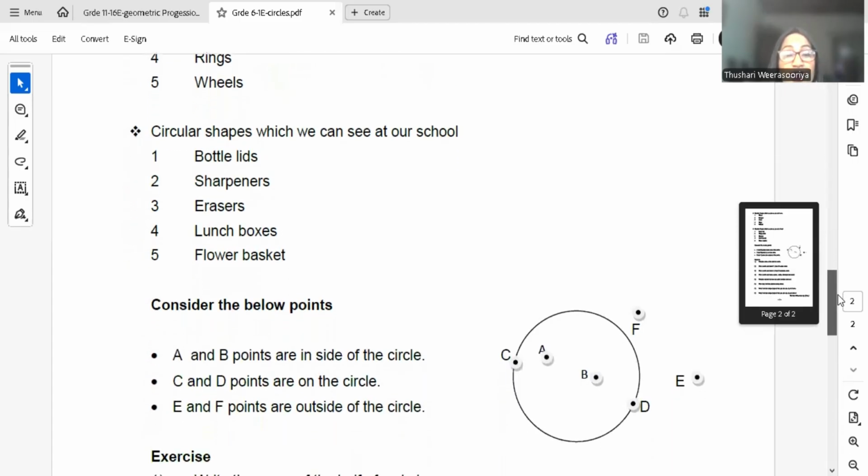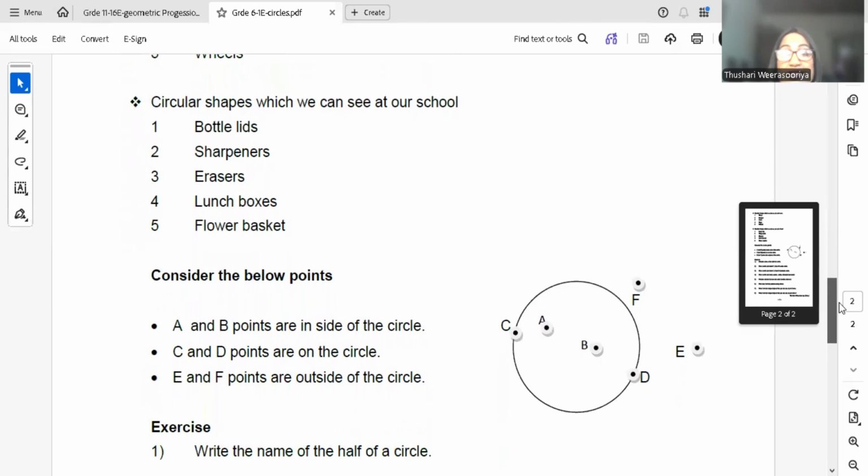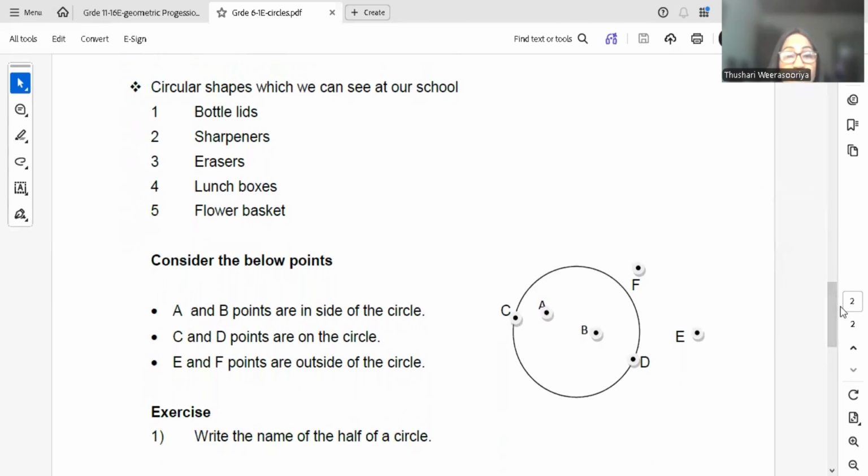Now we'll go to this one. Look at this. Consider this diagram. I have marked some points. Look at this. A, B. A and B are inside the circle.